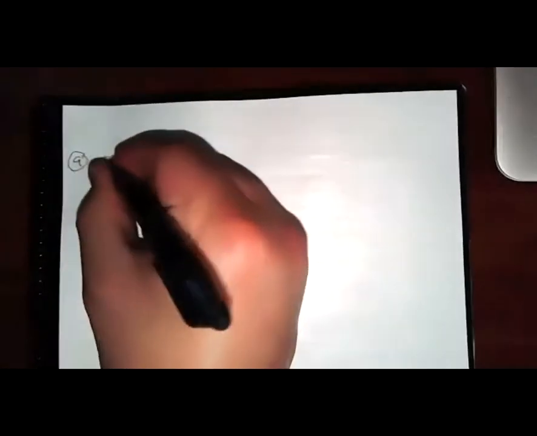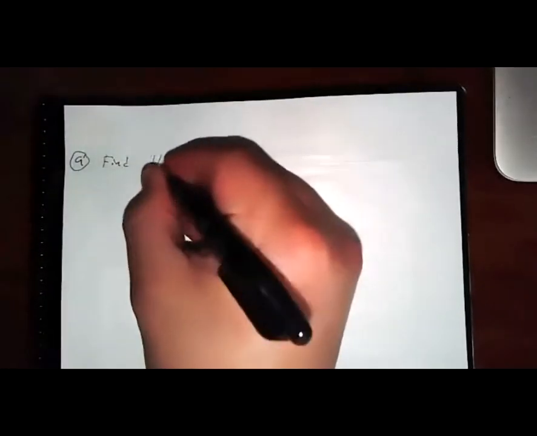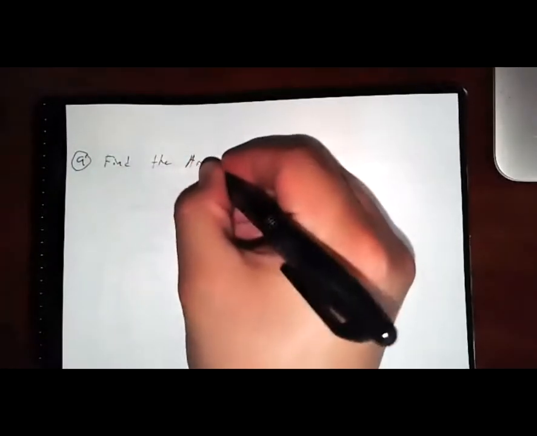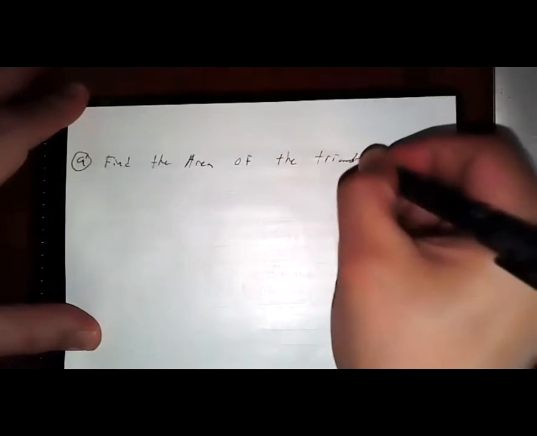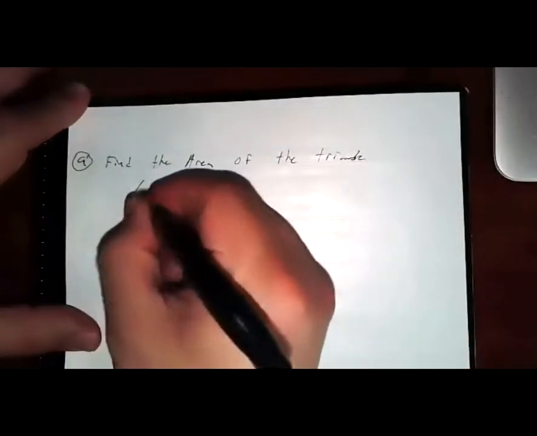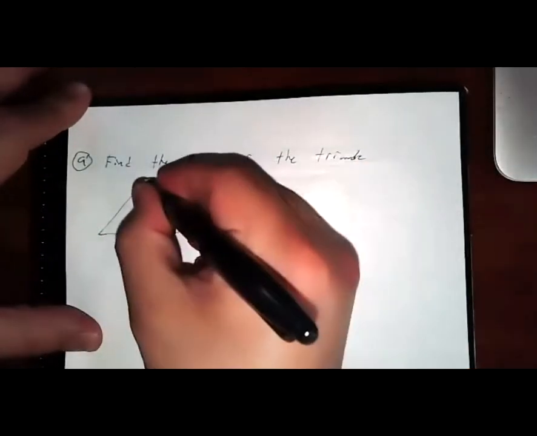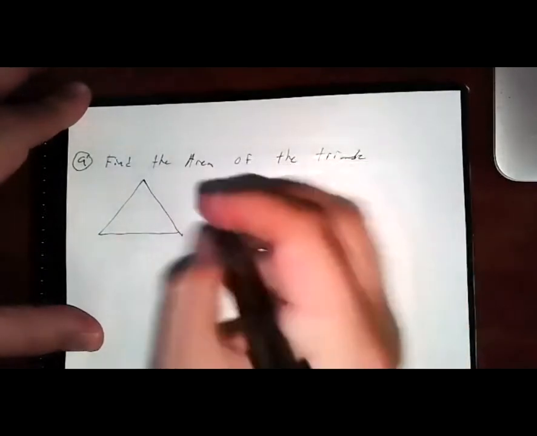Well, I guess we could do both. That's fine. Number 9, find the area of the triangle. The triangle is something like this, I guess.